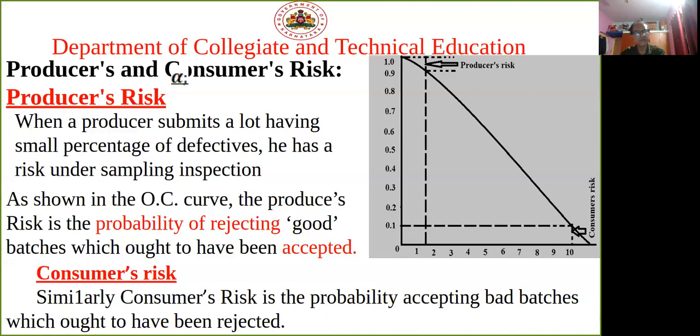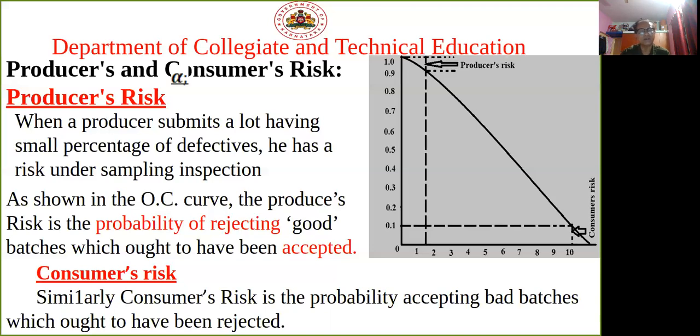When a producer submits a lot having a small percentage of defectives, it is always impossible to have none, according to Newton's second law, you can remember that. It is impossible to construct an engine whose sole purpose is to give 100% efficiency. So whoever the manufacturer may be, whatever he manufactures, there will always be some defectives, but the amount will vary.